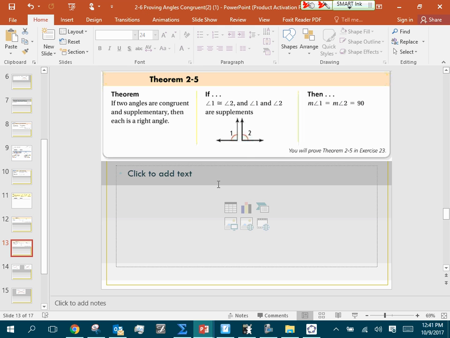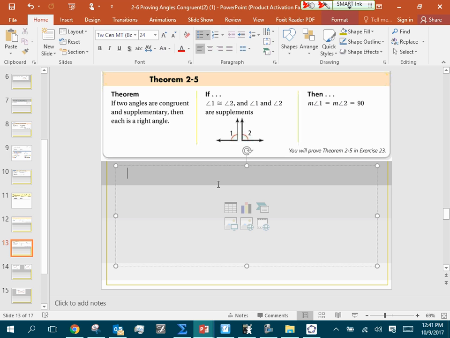So just real quick here, go through this proof, and we'll start with their if and their then stuff. So we'll use their angle 1 congruent to angle 2, and that kind of stuff. So angle 1 equals angle 2. And then I'm going to write that angle 1 and angle 2 are supplements.